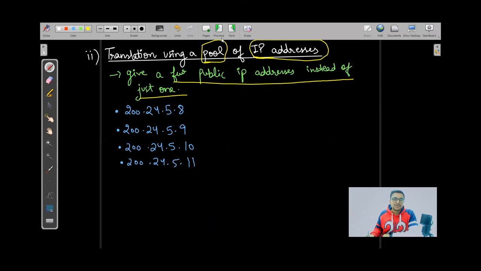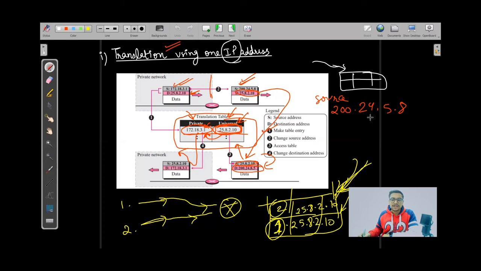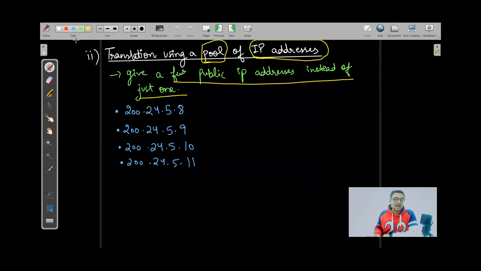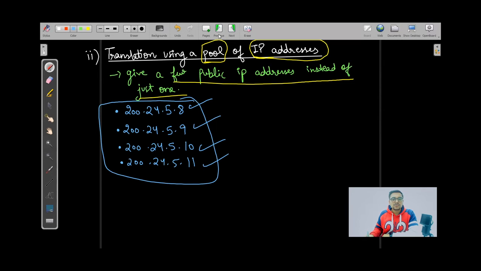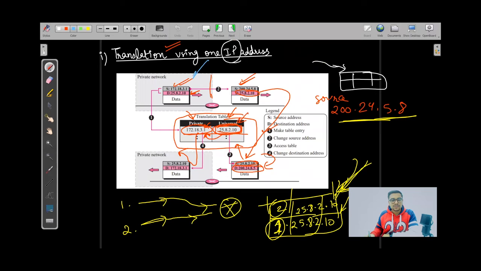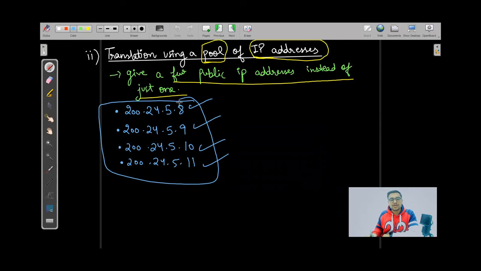Let's suppose in the previous case we had just one IP address for the NAT router; in this case, we have assigned four IP addresses. So any host within the private network can communicate, but at a time only four hosts can communicate to the same external host.